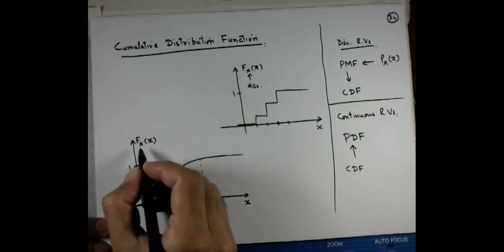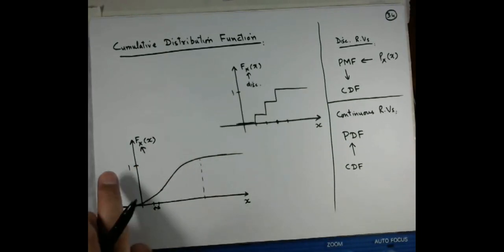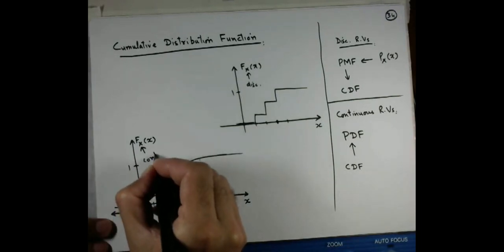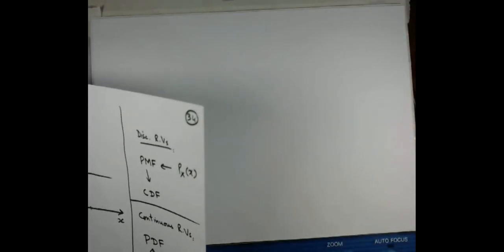So this is a description of the CDF of a continuous random variable. I hope this is now understandable.